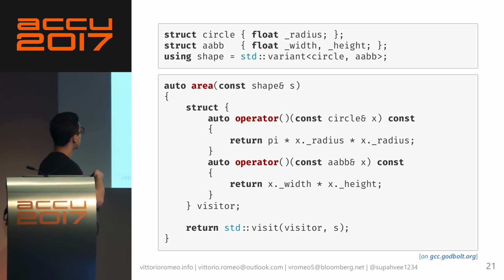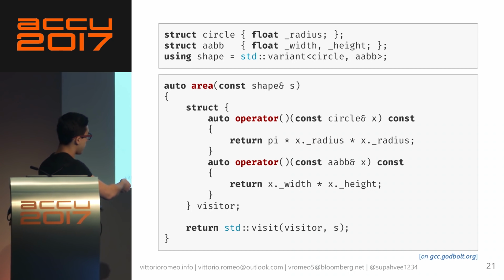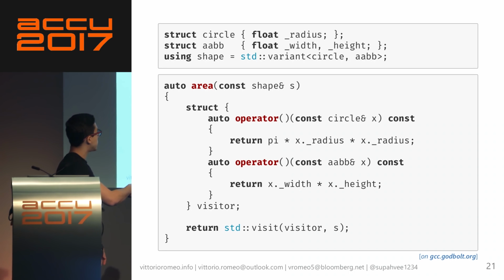And for the area, what we need to do is simply keep the same signature. So we take a shape as a const reference. And we use this std::visit over here that takes some visitor and the current instance of the shape. And this automatically dispatches to the correct function call depending on the currently active variant alternative.